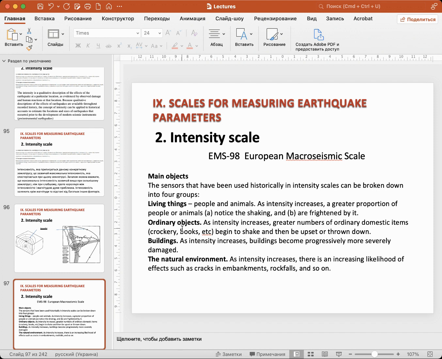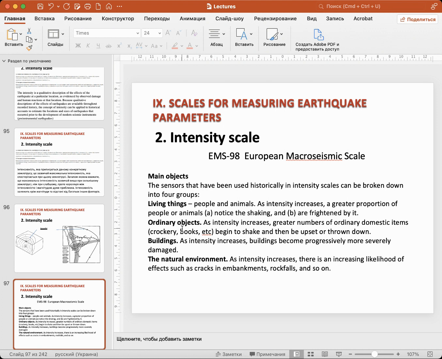So, living things are the main objects of the earthquake, and their behavior and the level of their frightened can show us the level of an earthquake. For example, the intensity 5 from intensity 6 differs in the next way.